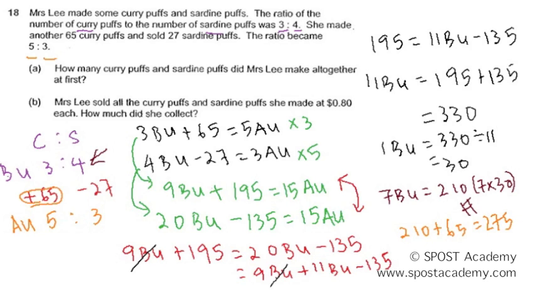And if every puff is 80 cents, the total amount collected will be 275 times 80 cents, and that will give us $220.